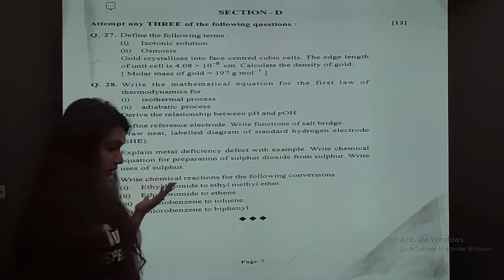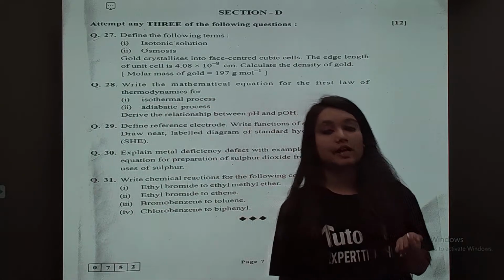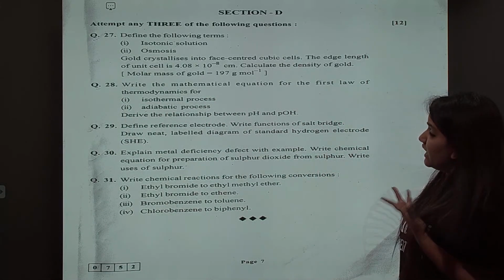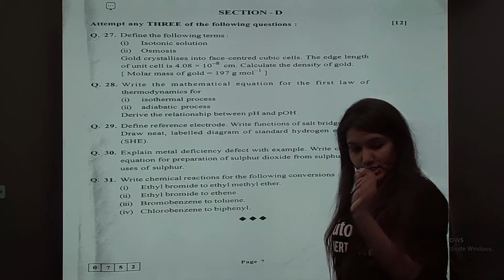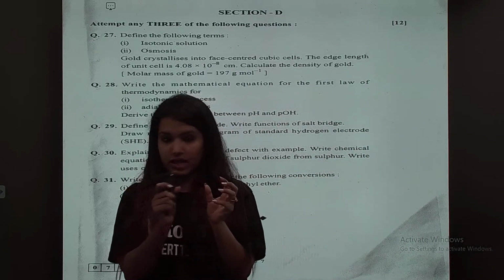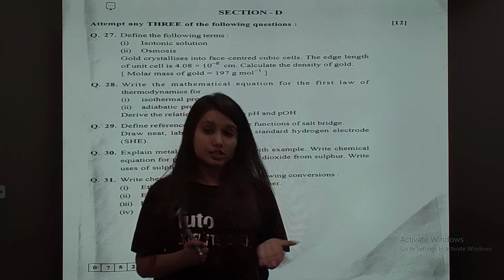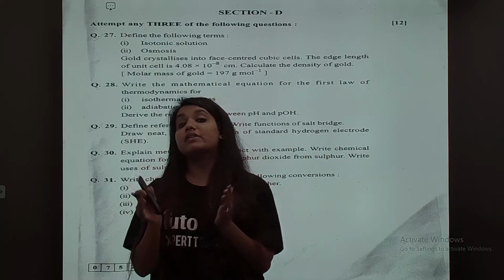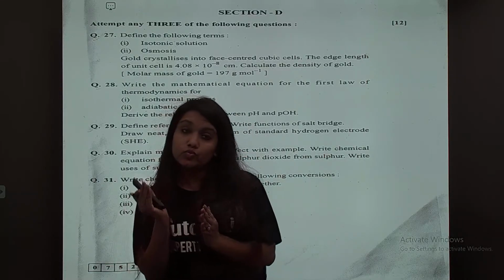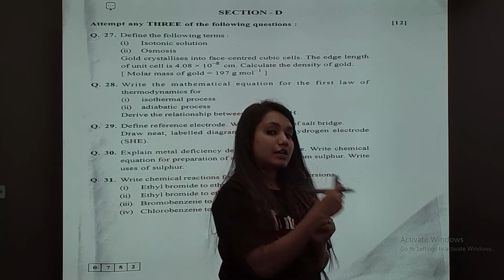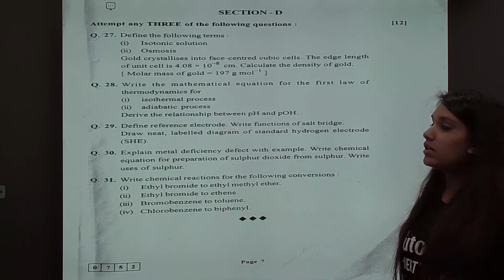When two different solutions have the same osmotic pressure, as simple as that. Next one is osmosis. When there are two different solutions having different concentrations and they are separated by a semi-permeable membrane, and then the solvent moves through the semi-permeable membrane, that is called osmosis.